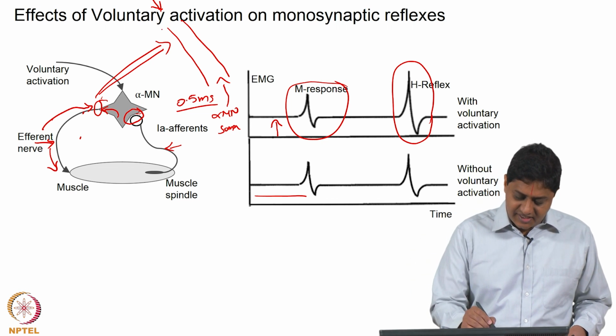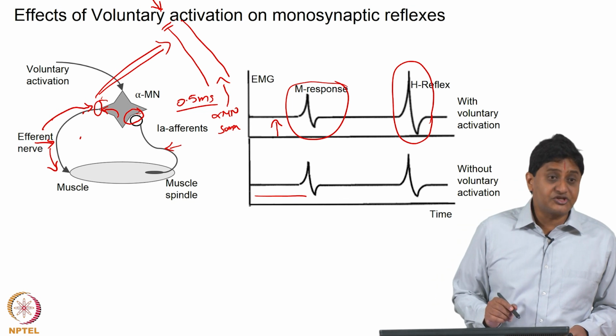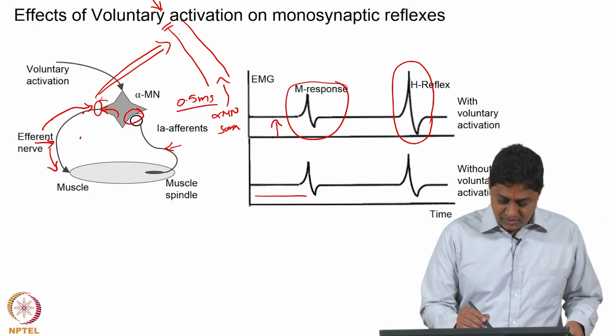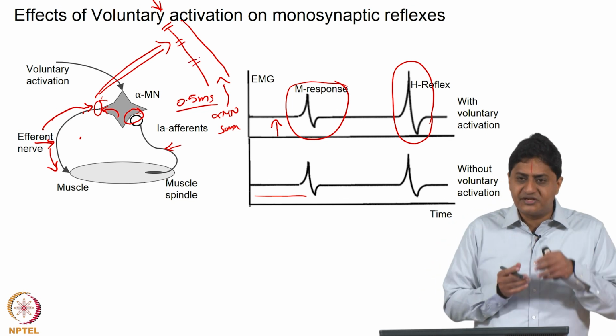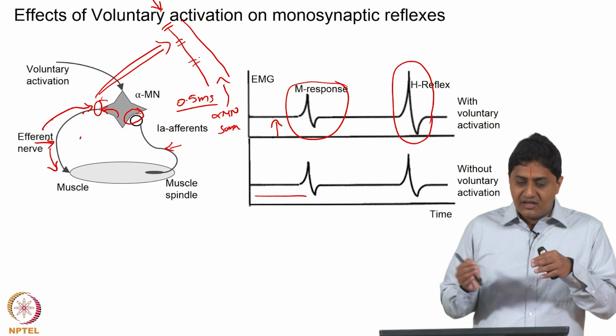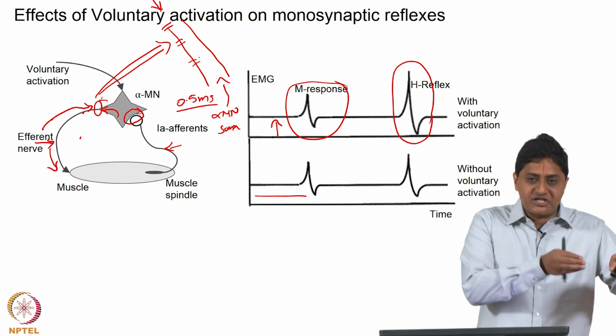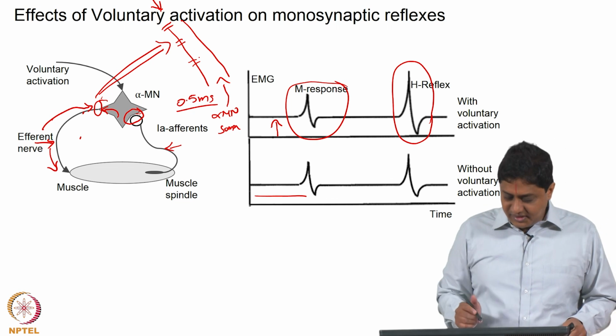Suppose that is a voltage gated sodium channel, and several of these strategically placed voltage gated sodium channels are present, which is what causes the propagation of the action potential, as we have seen.